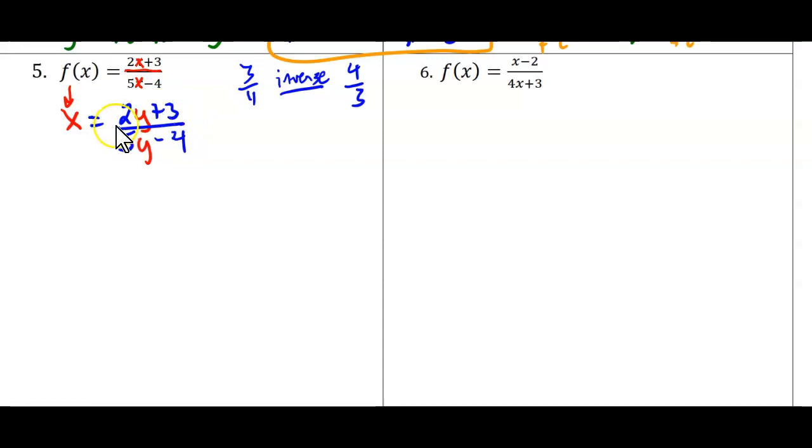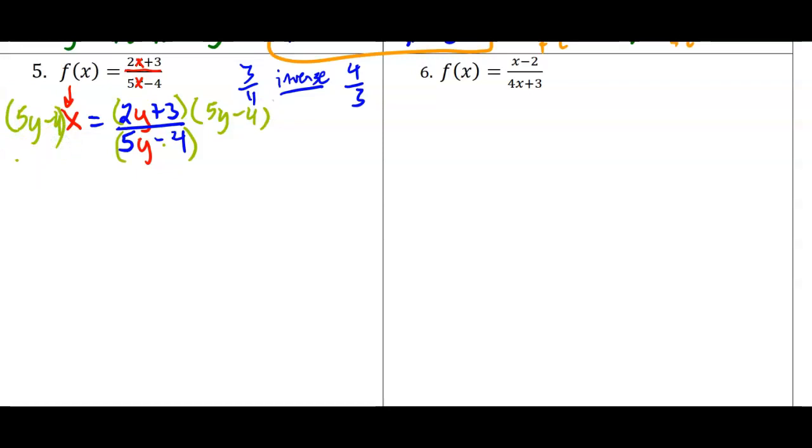So I need to somehow get it out of a fraction. So what I'm thinking is, oh, I know fraction is division, and maybe I even put in my parentheses, it's the quantity on top divided by the quantity on the bottom. And how I get rid of division is multiply. So what I'm going to do is multiply both sides by 5y minus 4.